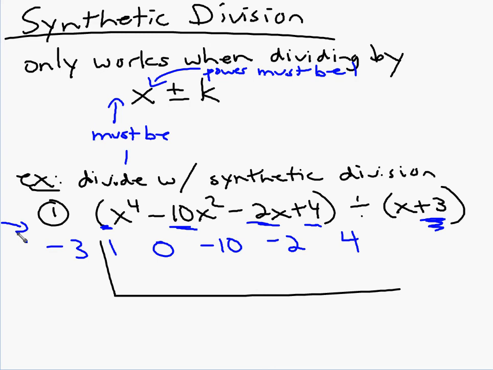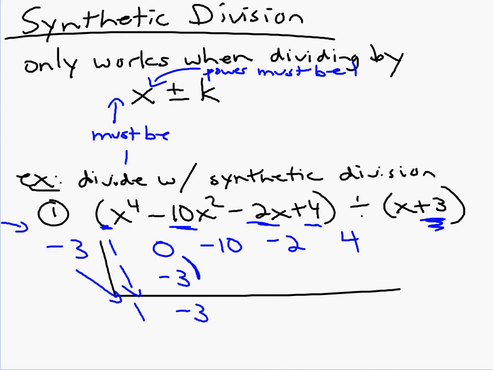So, the process is simple. I bring this one down, bring that 1 down, and then I multiply by the negative 3. Negative 3 times 1 is negative 3, and I put that right here. And now I combine these two. What's 0 and negative 3? Isn't it negative 3?